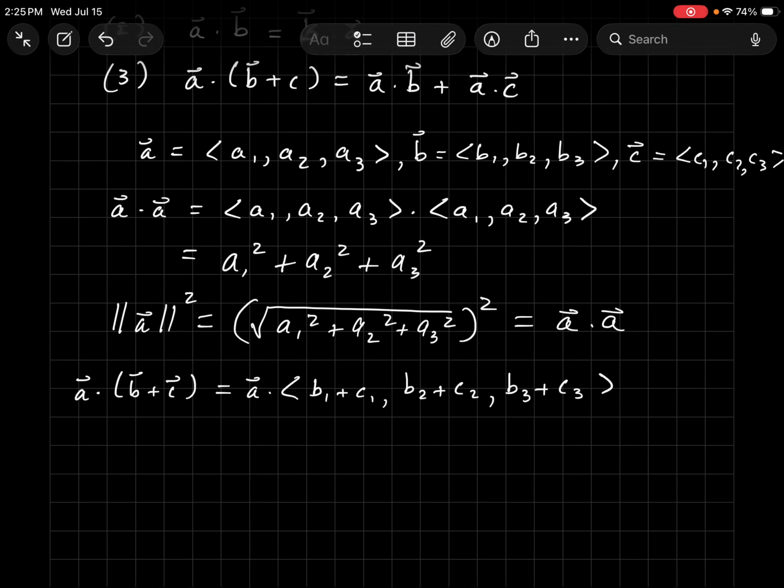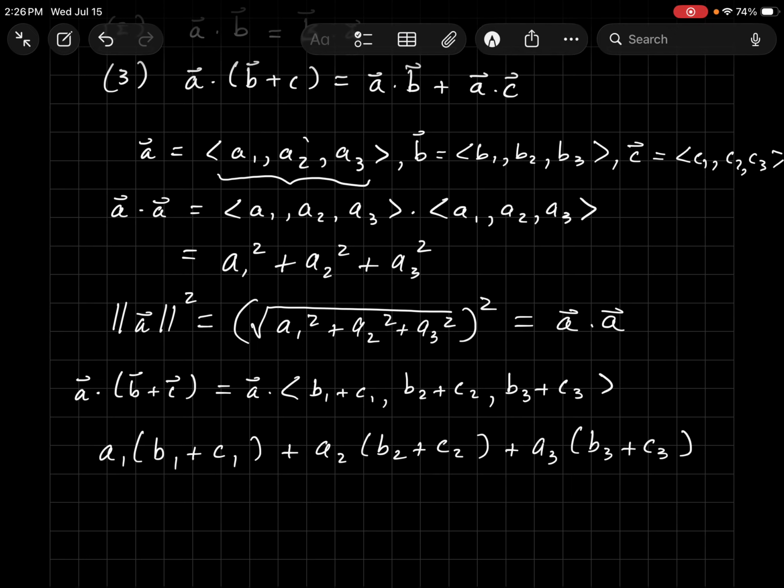And then A dot (B plus C) says we're going to take A and do the dot product. So we're going to multiply like things together. So we have A1 times (B1 plus C1). And then we'll do the A2, that is the y's, times the y's. And then we'll do the z's times the z's.